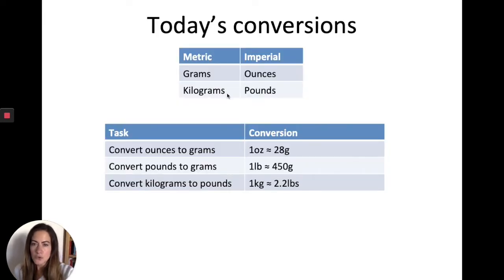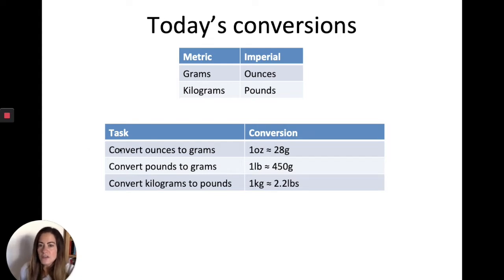So before we go into today's lesson, I just wanted to put this here. This is also in the help sheet on the website, but this is just to show you what we're going to be going through today, because we're doing 3 different conversions of mass for metric and imperial measures. So here are the metric measures for mass, grams and kilograms, and the imperial ones, ounces and pounds. And we're going to convert in 3 different ways.